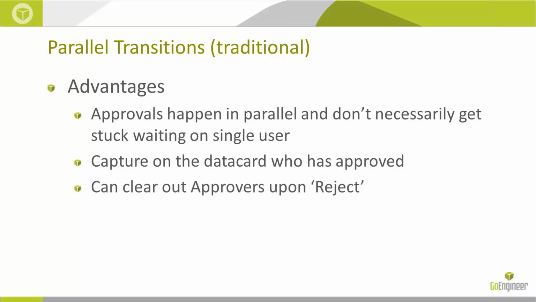Another advantage is we capture on the data card who's approved it. So we're recording that with the file on the data card that can be mapped back to the face of our drawing or the custom properties of our files. And then as well, if a file gets rejected, we can actually clear out all those approver values and start the process over again.